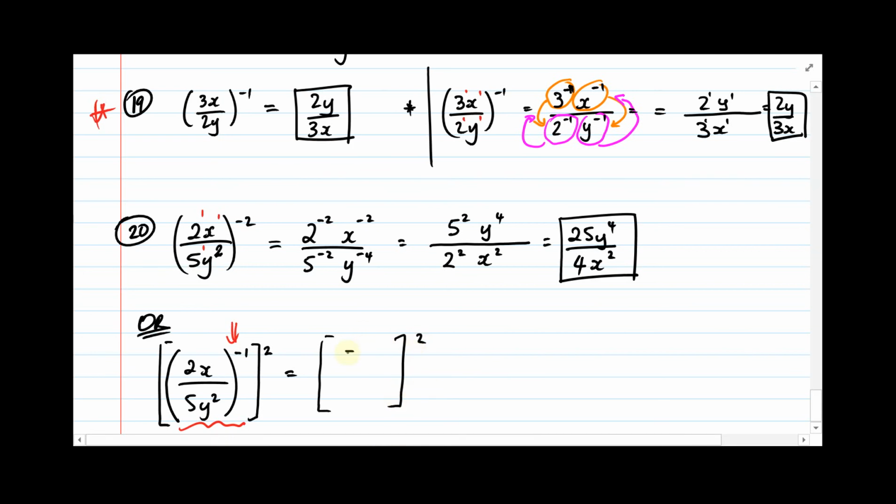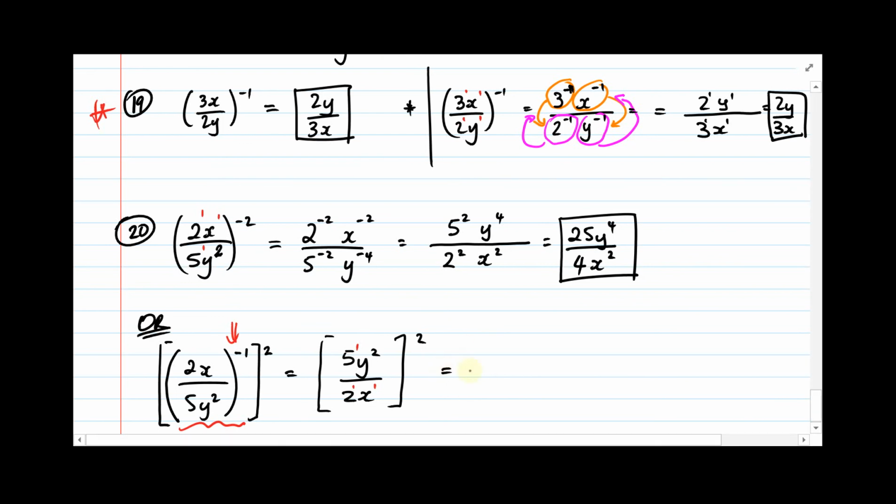So that inner bracket can be replaced with its reciprocal, 5y squared over 2x. And now proceeding to square, each item is squared.